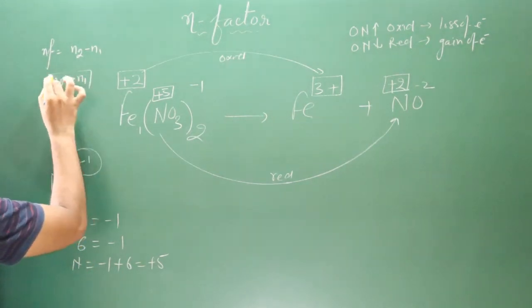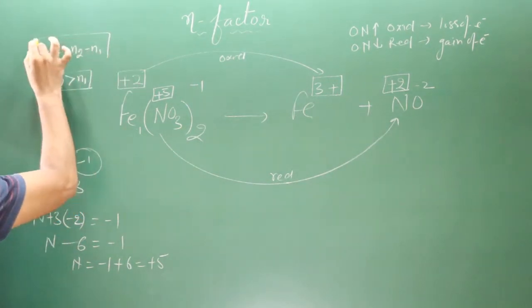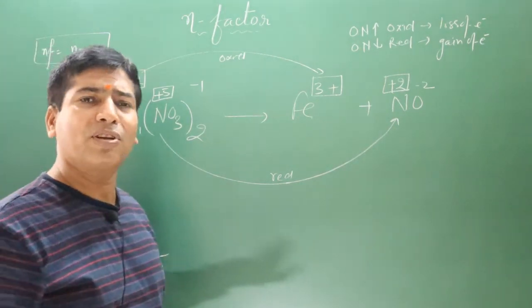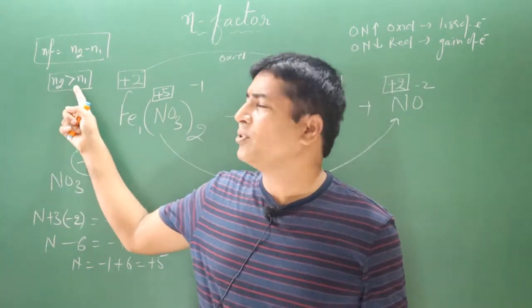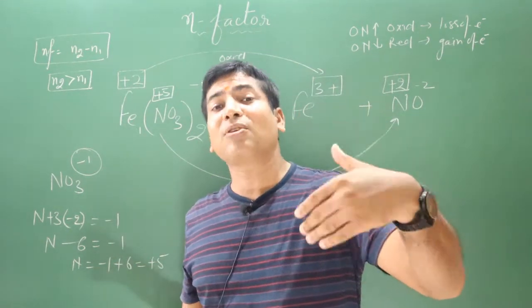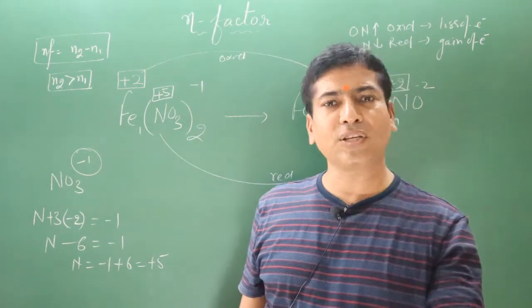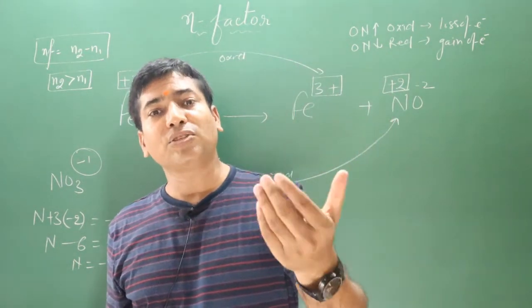Remember this condition, so that we get a positive n factor value, because the n factor value can never be negative. It can never be the case that n2 is less than n1, otherwise we would get a negative n factor value, which is not possible. The n factor value cannot be 0 either.